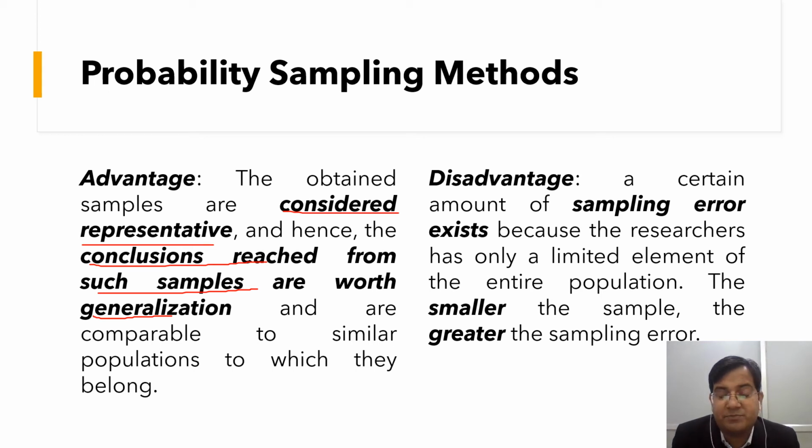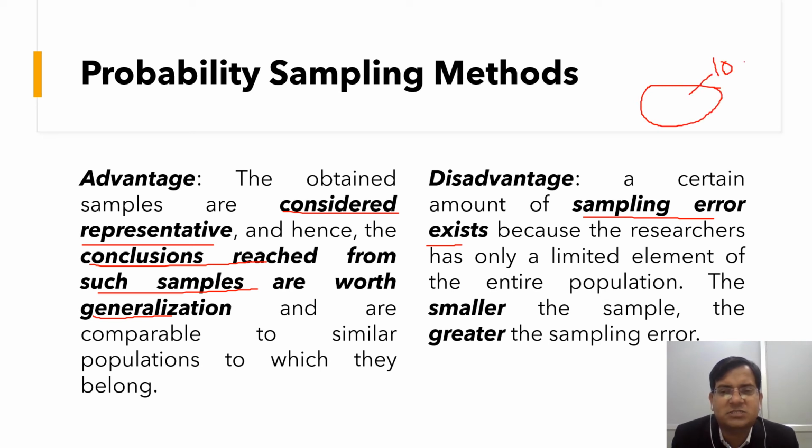But the basic disadvantage of probability sampling is that a certain amount of sampling error exists. Sampling error means the researcher has only a limited number of elements of the entire population, because suppose there are 1,000 and we select only 100.